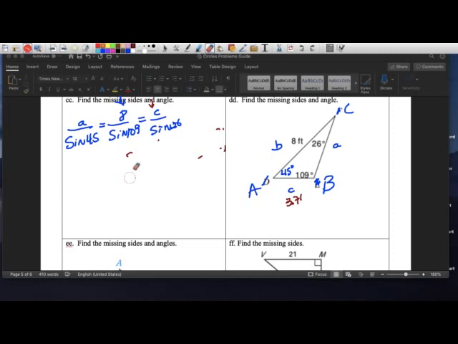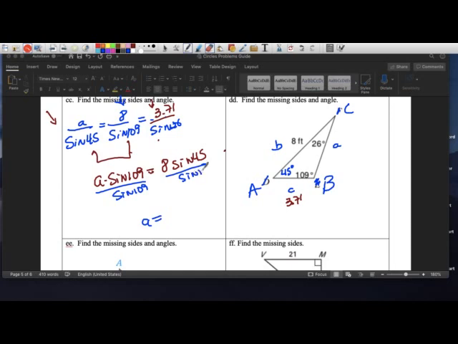Okay, so I'm going to write 3.71. You're welcome to use that now to set up a proportion with this one here, but I'm just going to use these two. So again, cross multiply: 8 times sine of 45. We want to find a, so we divide by sine of 109 on both sides.